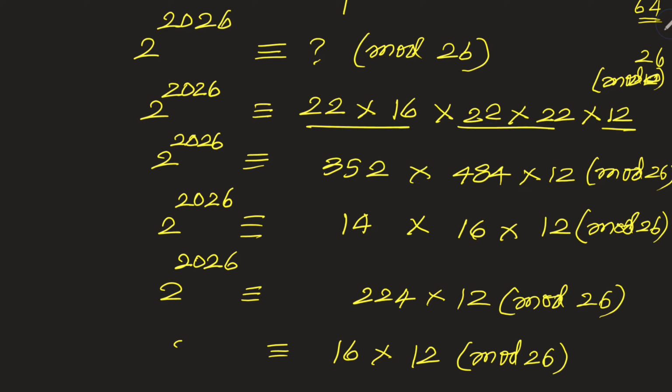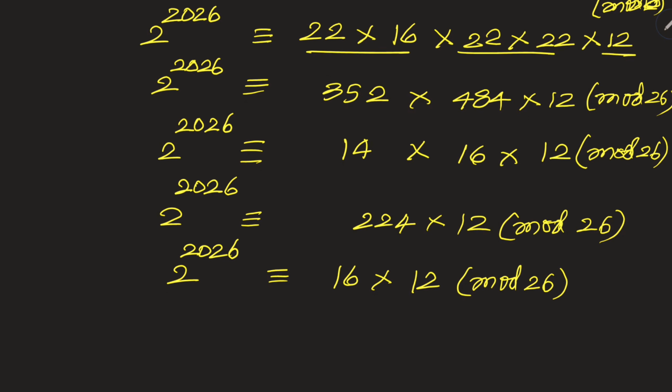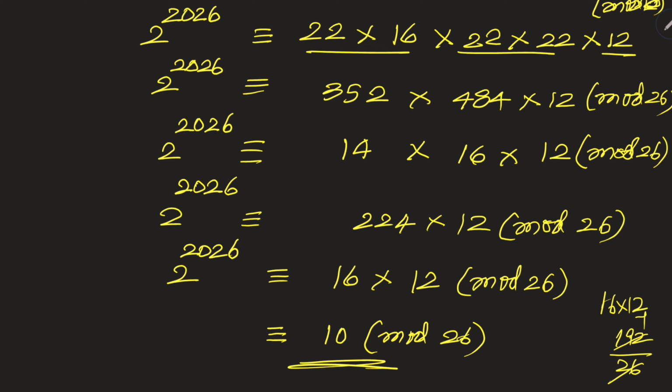So the remainder will be 16 into 12, which is 192, which is more than 26. We need a number less than 26. Let us divide 192 by 26. 7 times it will go. Remainder will be 10. That means our final answer, the remainder is 10. So 2 power 2026 when divided by 26, the remainder will be 10.